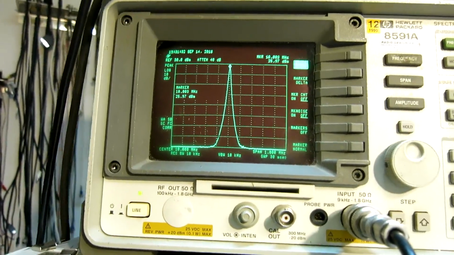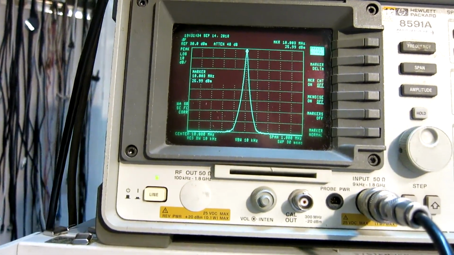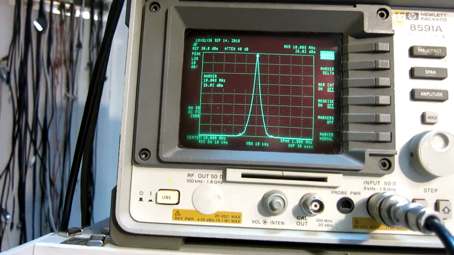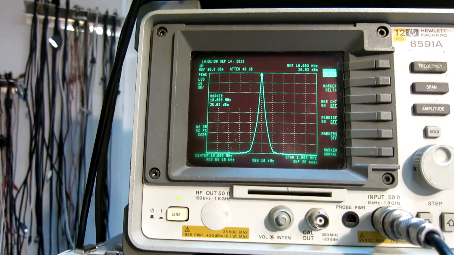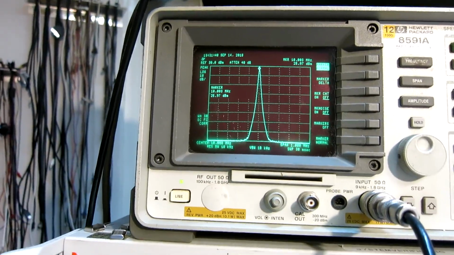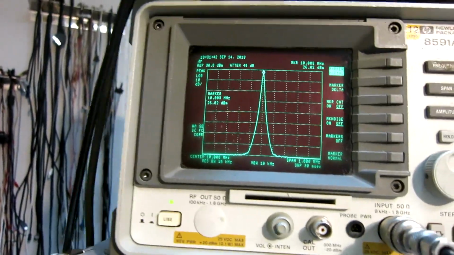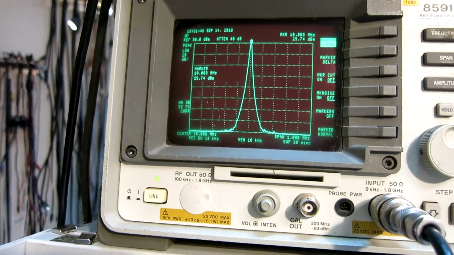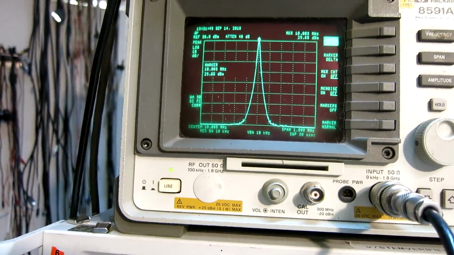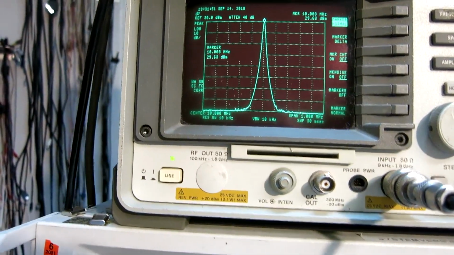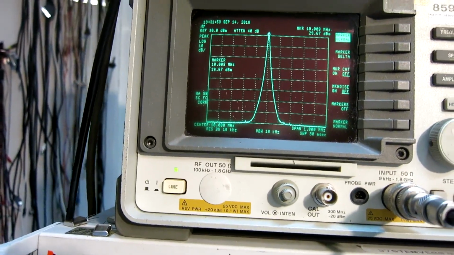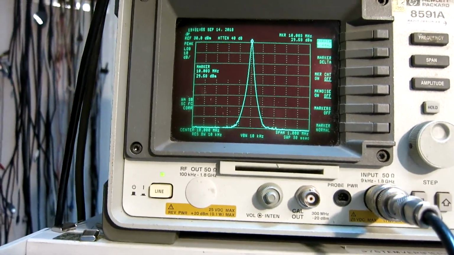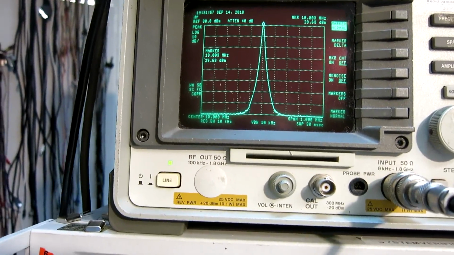So the power is, well, 26 and plus 6, that is 32 dBm. And that is with the two-section filter. And with a one-section filter, the power is now 29 dBm, plus those 6 of the attenuator.